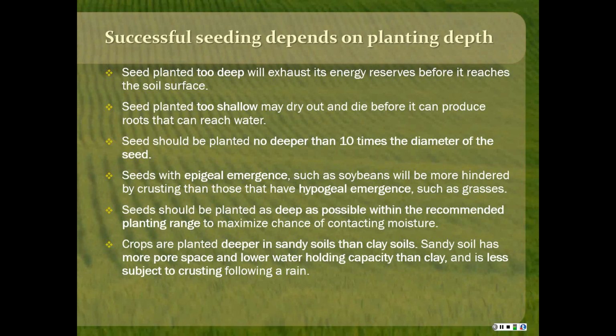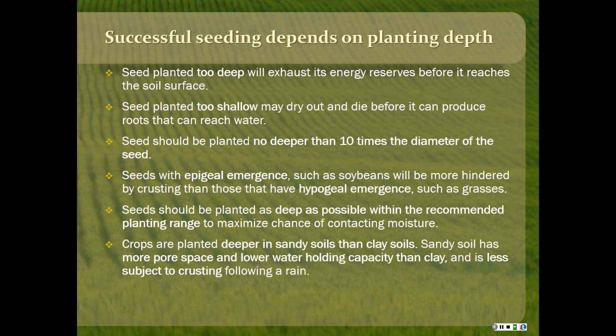And successful seeding also depends on planting depth. If the seed is planted too deep, it will use up all its energy before it gets to the soil surface, where it can start doing photosynthesis and making its own energy. But a seed that's planted too shallow might dry out and die before it can produce roots that can get water.